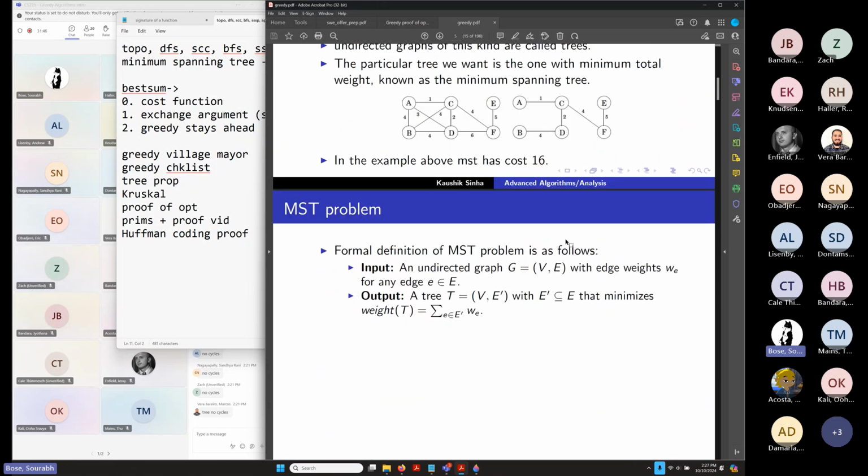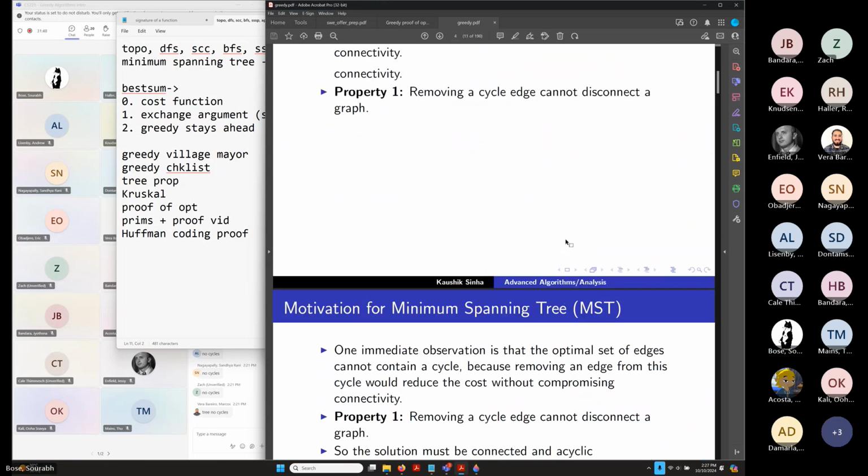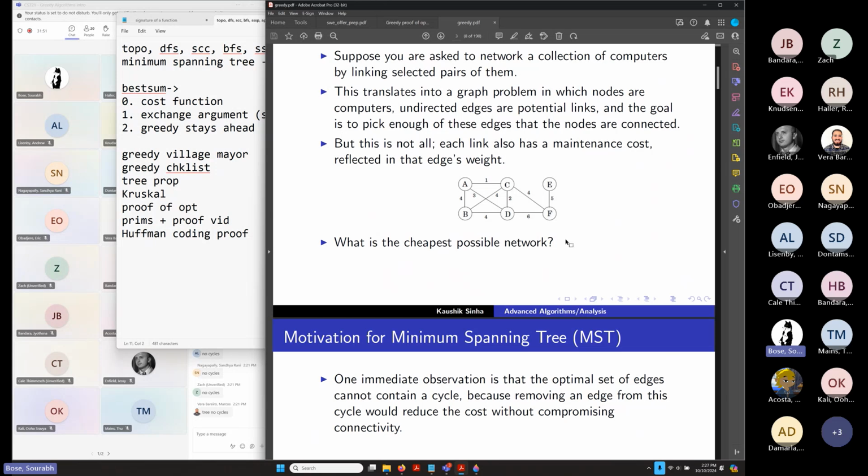So if we look at this particular problem, let's take this graph.